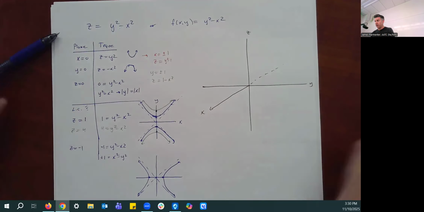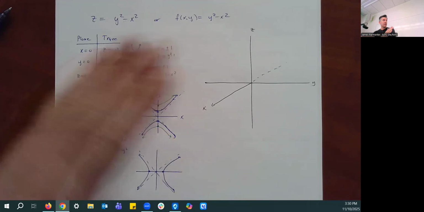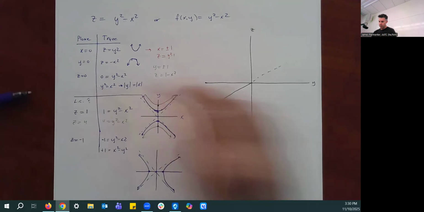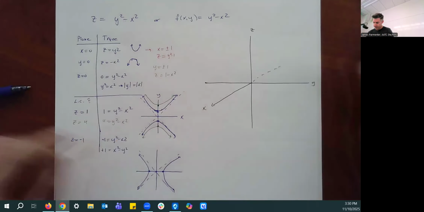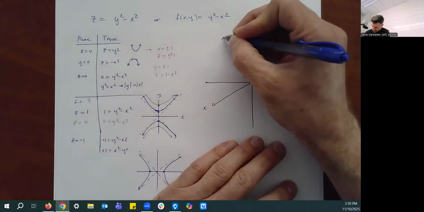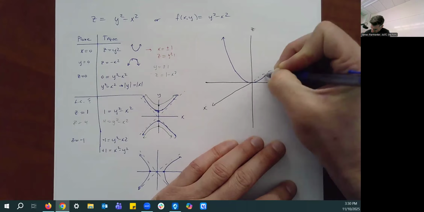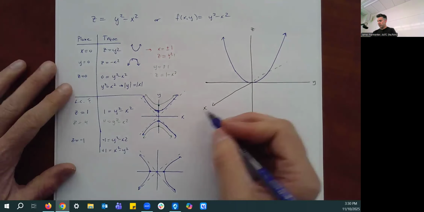I would not recommend drawing the X shape in the XY plane. That is not helpful at all. But we're going to look at it in 3 dimensions second. So I'm going to draw my upward opening parabola in the YZ plane in blue, and my downward opening parabola in the XZ plane.